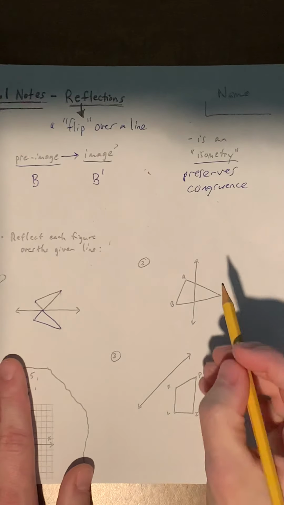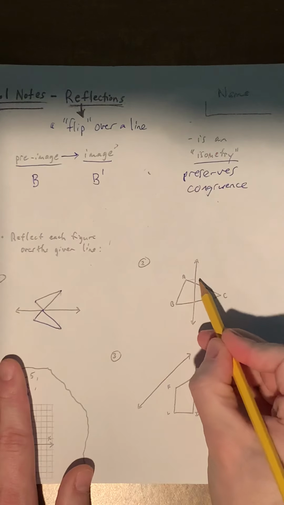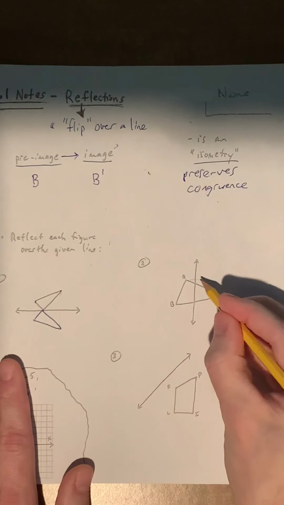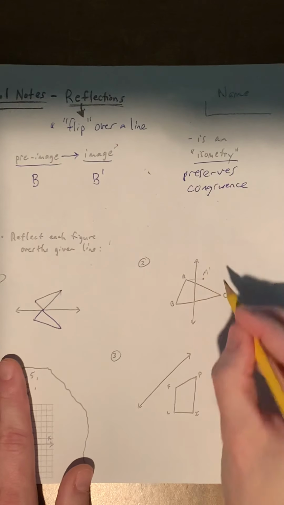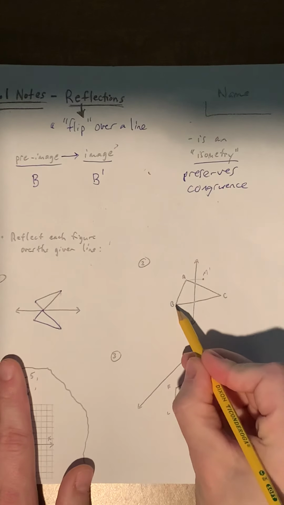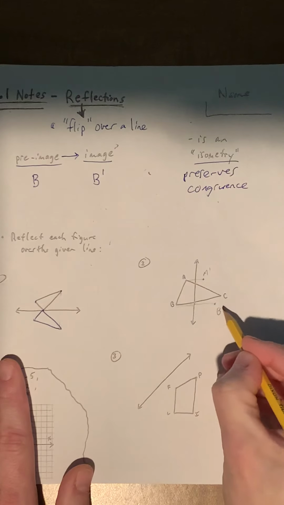All right, so let's draw some little helper segments. From A, go straight to, and then straight out. So that's where A prime should be. From B, go straight to, straight to, straight out. B prime.